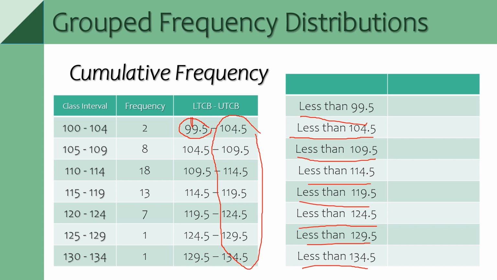So, in this case, ang range natin ay from 99.5 to 104. So, therefore, wala siyang nakalagay na data. Okay. Ngayon, ilan ang less than 104.5? There are 2. So, ilan naman ang less than 109.5? So, gawin lang natin, we have 2 plus 8, so that is equals to 10.